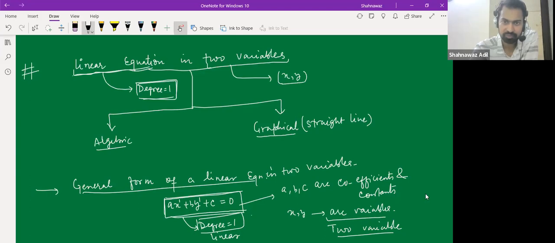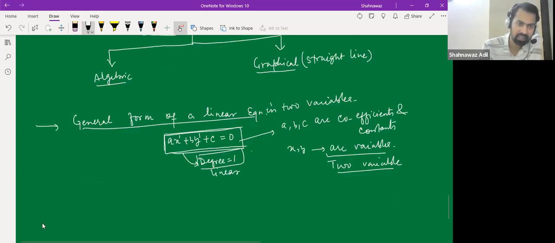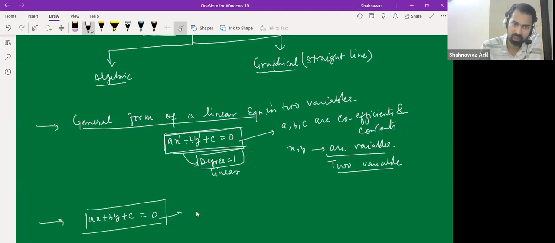Now let us talk about the graphical representation. So we know that the graph of this equation would be a straight line. And if we want to draw a particular straight line on the graph, how many points do we need?